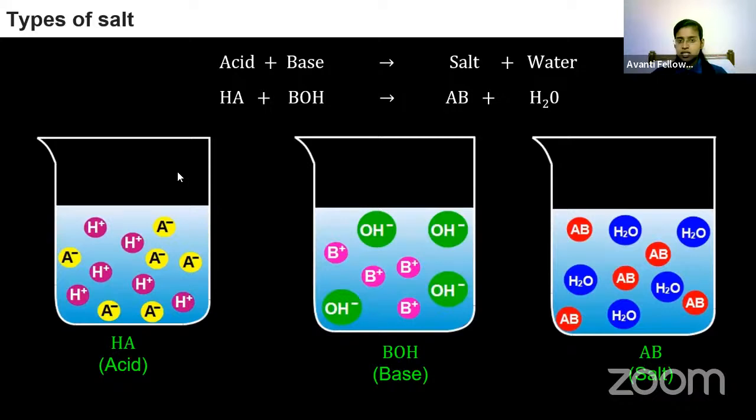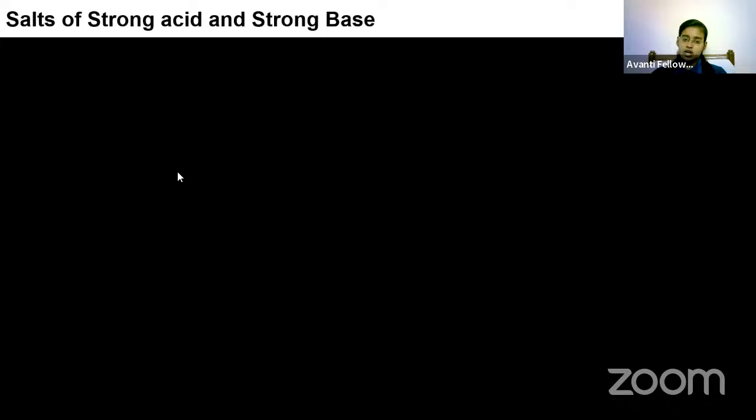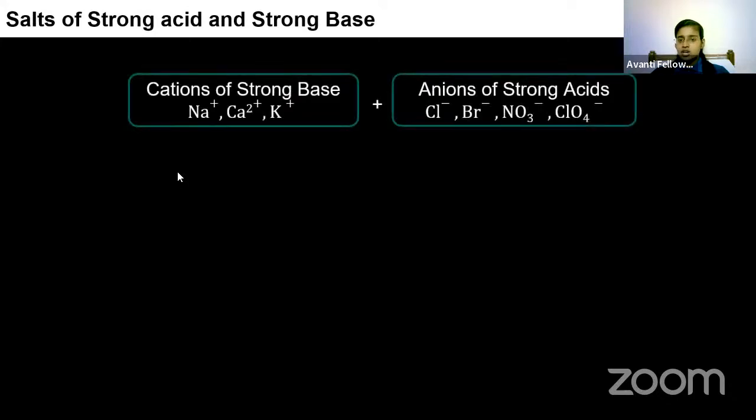Let's go for the first type of salt: the salt of strong acid and strong base. We will not study the hydrolysis of this combination, but I would like to give you the reason and some examples. Now, the cations of strong base and anions of strong acid. The example for strong base I gave is NaOH.